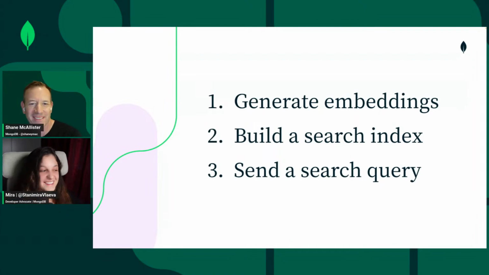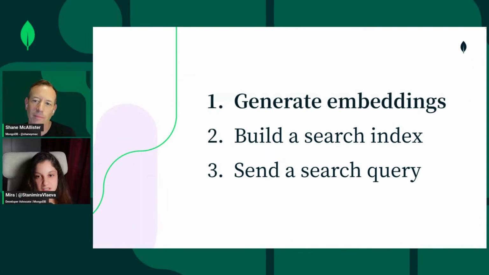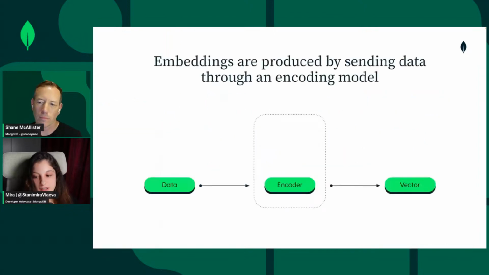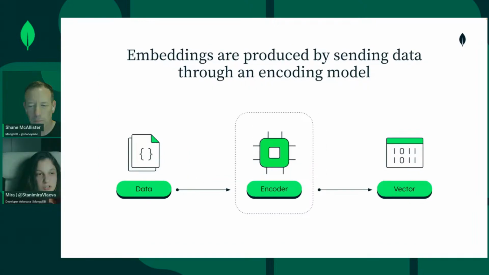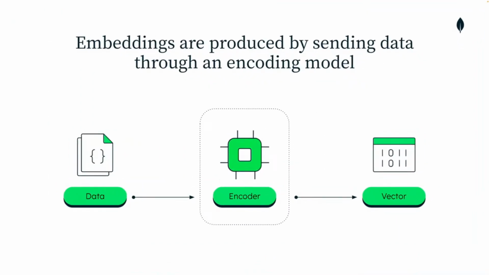Excellent, thank you. All right, so how do we generate the embeddings? First things first. The short answer is you have some data, you send it to an encoder, which in our case will be Google Cloud's text embedding-gecko model, which is available within Vertex AI.